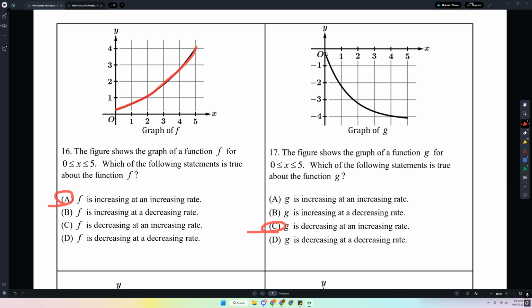For 17, we see the function is decreasing, and it's increasing at an increasing rate because we're going from a slope of, let's say, -5 to -4 to -3 to -2. So our slope is increasing at an increasing rate.